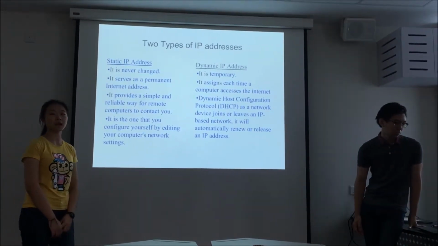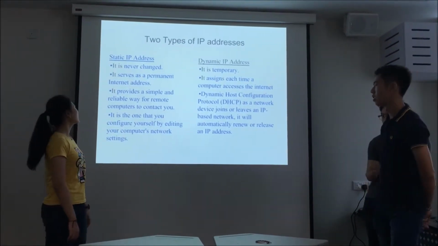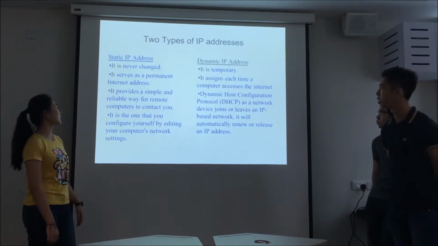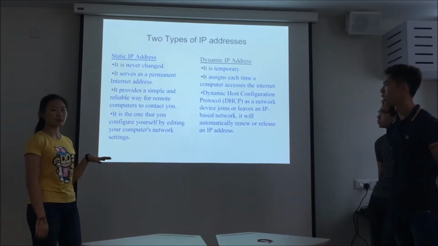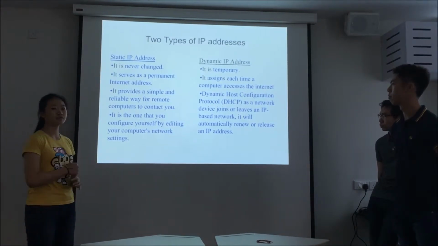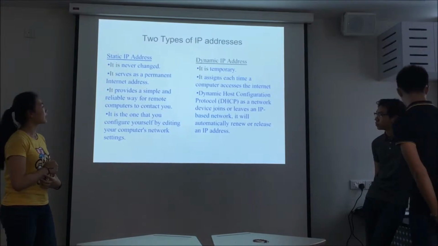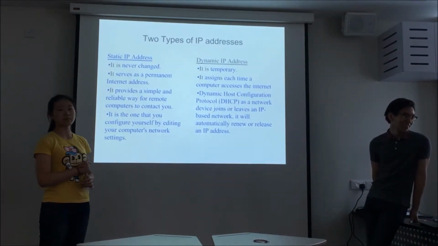And there are 2 types of IP address, which are static IP address and dynamic IP address. The static IP address never changes, and it serves as a permanent internet address. It provides a simple and reliable way for you to remotely access your computers. And the dynamic IP address is a temporary one.